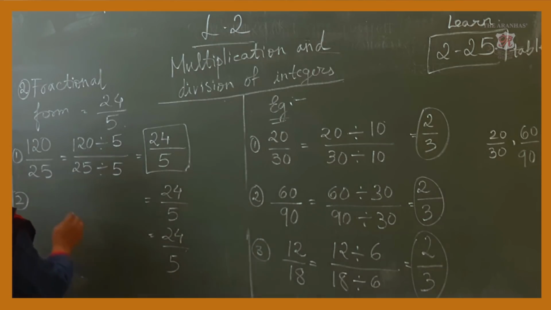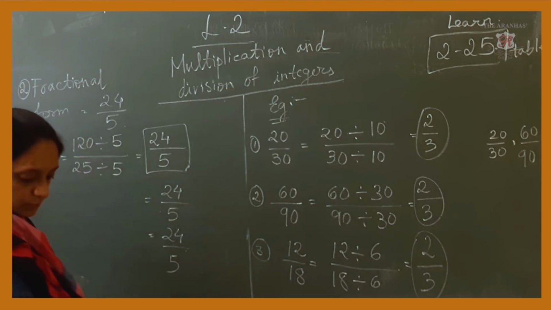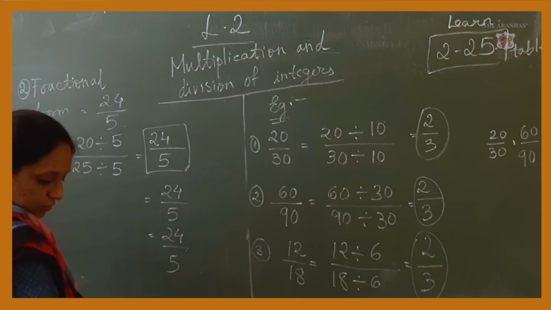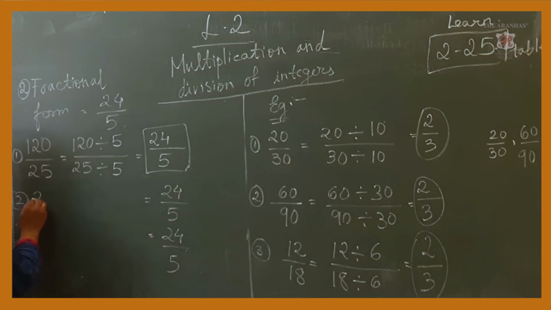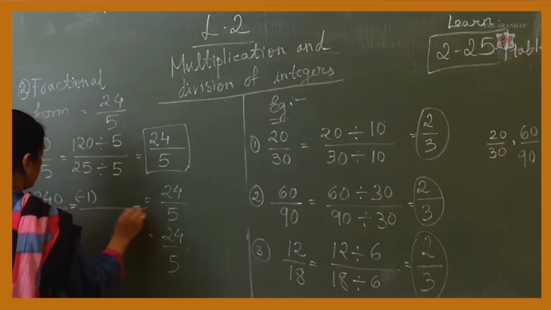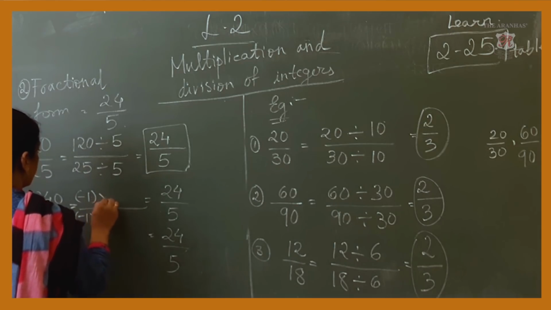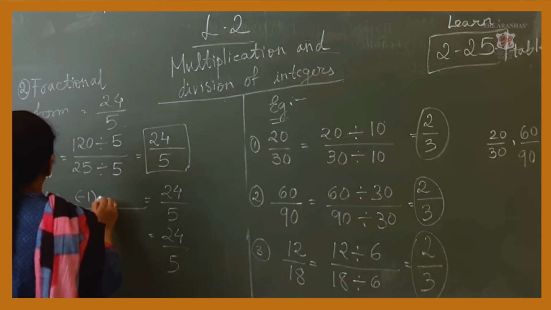Now suppose I take one more set as 240 upon 50. For example, I can take minus also in both the sets. I can take minus, so I separate out minus 1. That will be easy for cancellation.